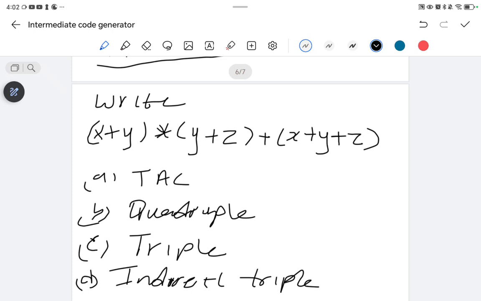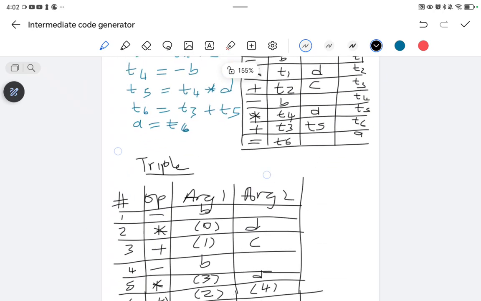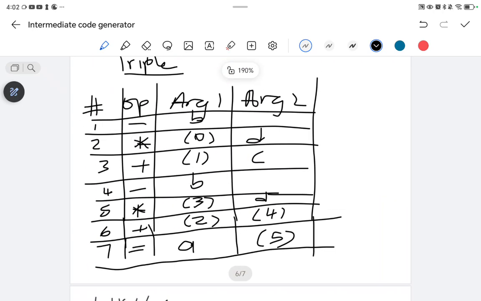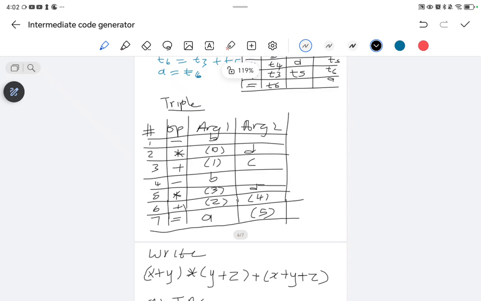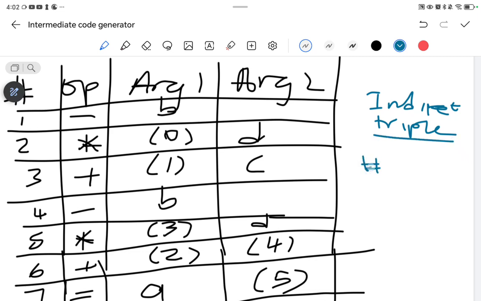With the indirect triple, what you do is, let's go back here. For the indirect triple, you're just going to have hash, then statements.